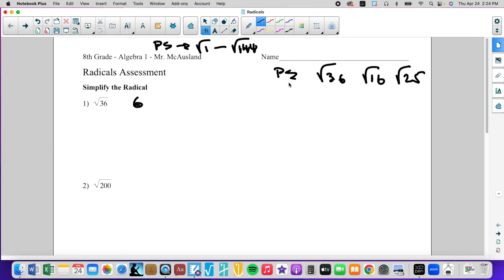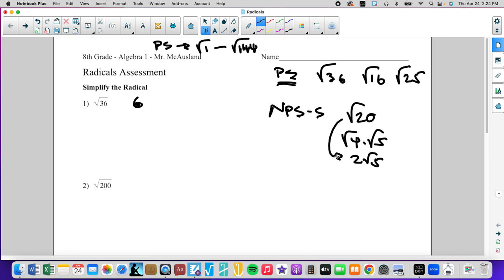And so we have perfect squares. We have non-perfect squares that can be simplified. Square root of 20 is not a perfect square, but it can be simplified because it can be broken into the square root of 4 times the square root of 5. And the square root of 4 is a perfect square, and that turns into 2.